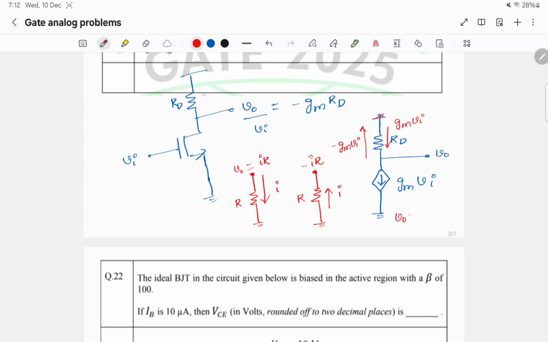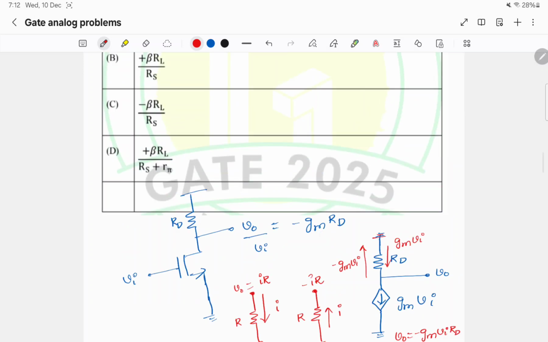So the node potential V0 will be minus Gm Vi times Rd.